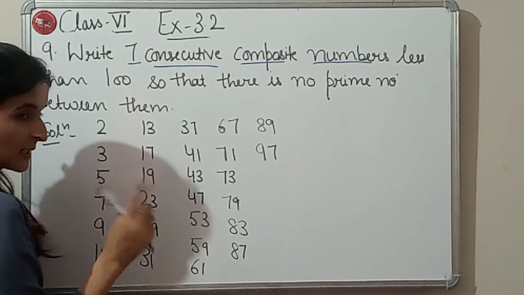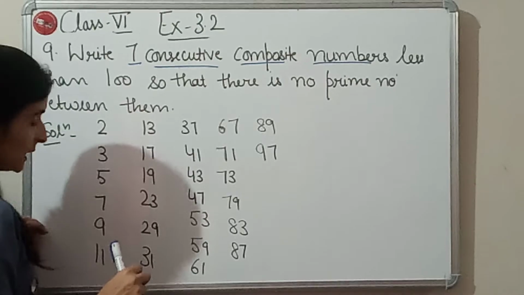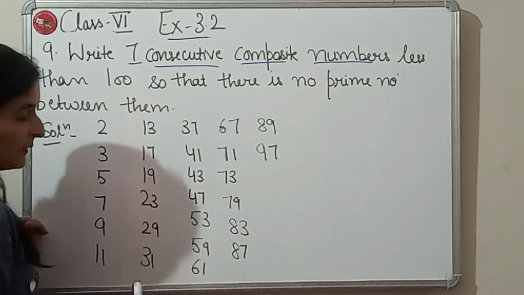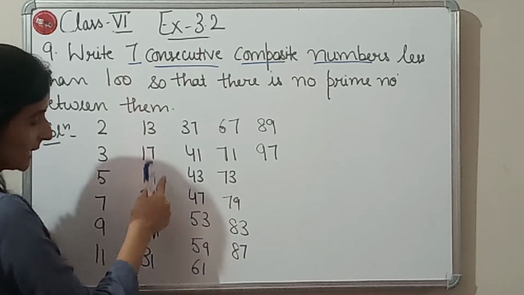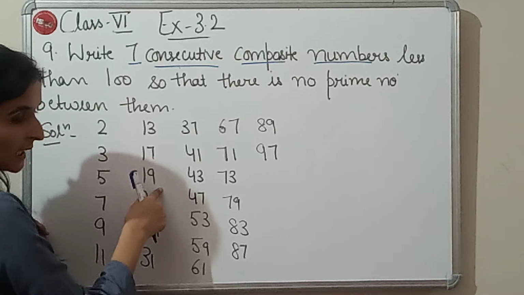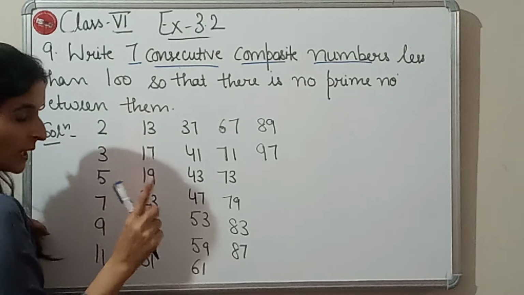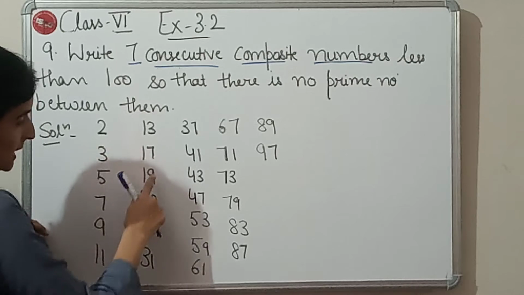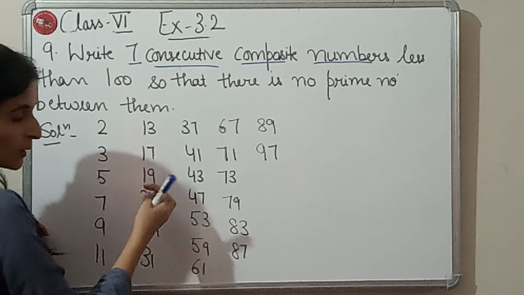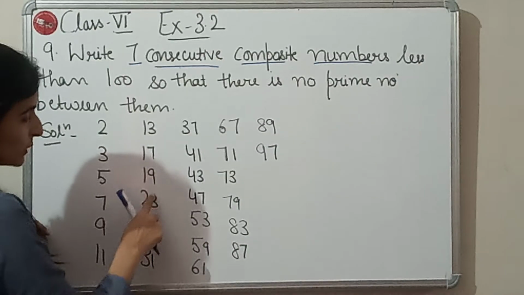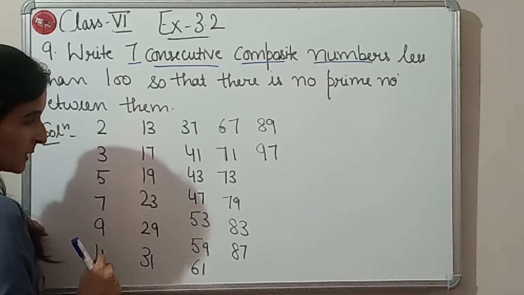Then again 6 is the composite number here. But we need 7. Likewise 17, 19. Between 17 and 19 there is only one composite number, that is 18. 19 and 23. 20, 21, 22. There are 3 composite numbers between them.